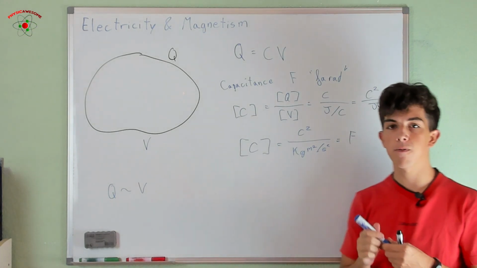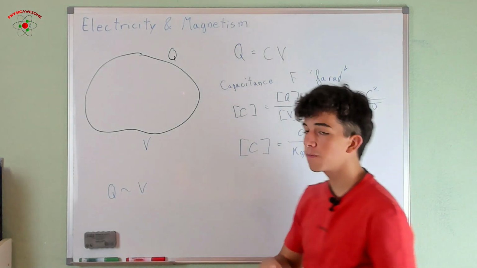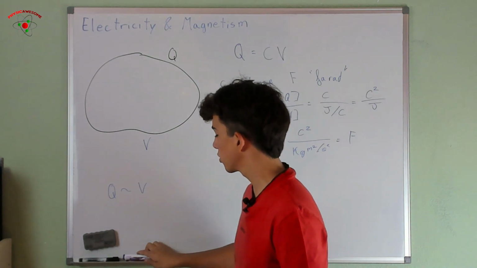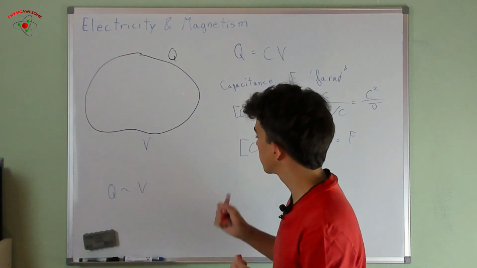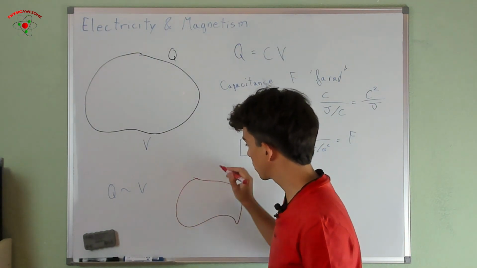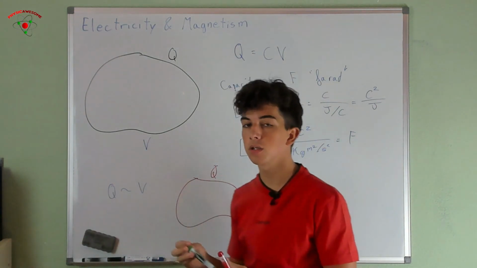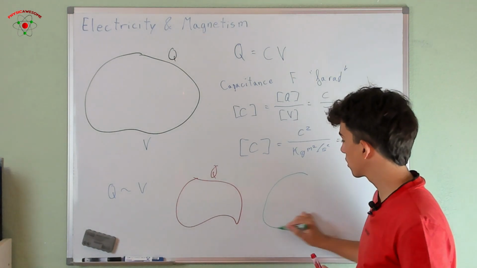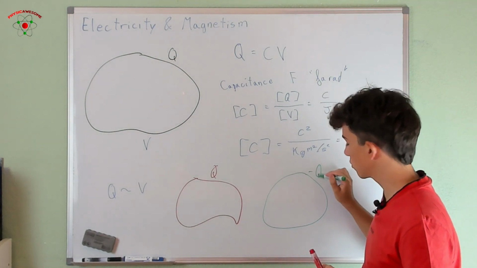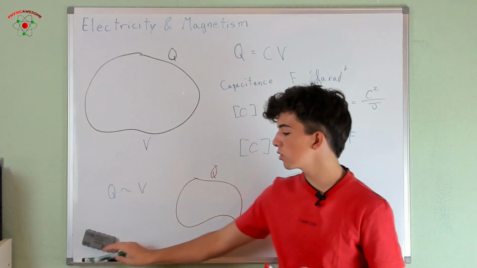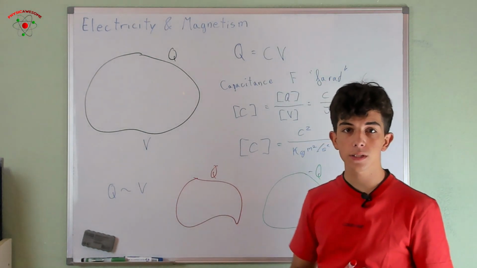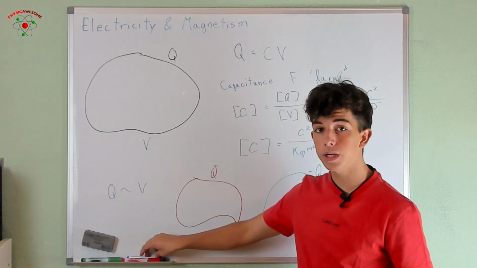This is a farad. Now, if you have 2 conductors, one with a positive charge Q and one with a negative charge minus Q, there is going to be some difference in potential between them.